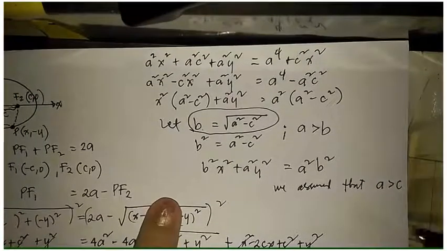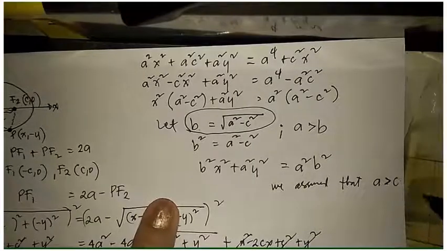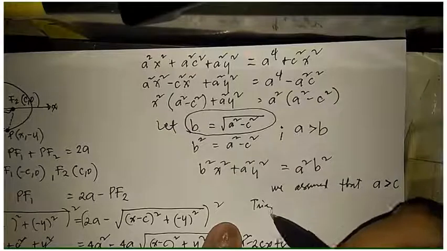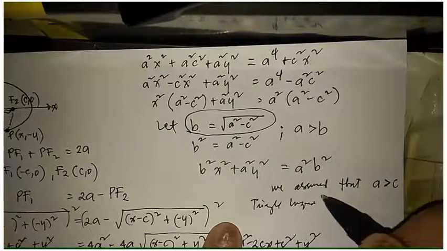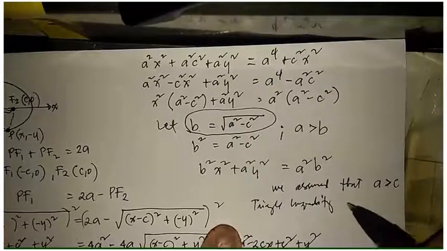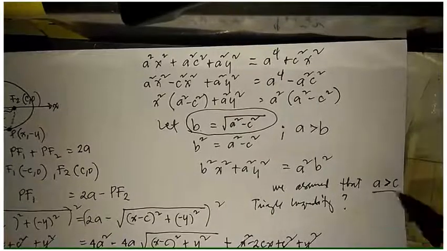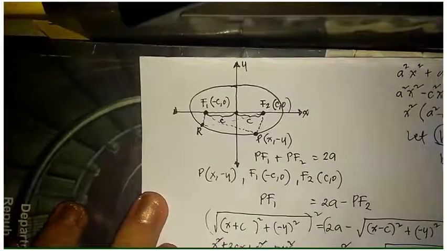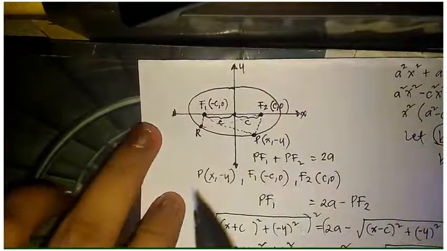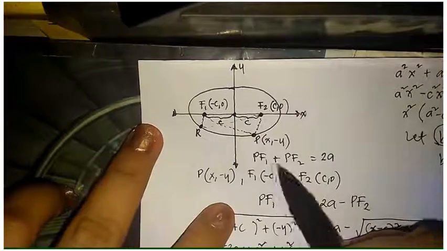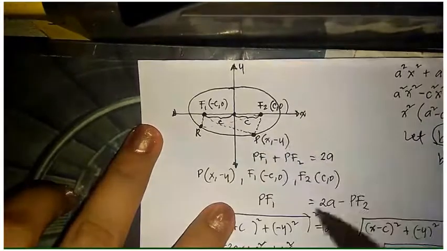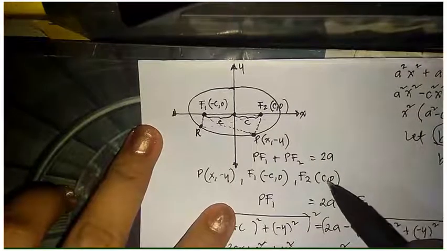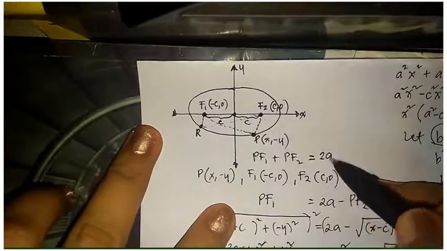And if we're going to just focus on a being greater than c, this is actually true through the triangle inequality. How can it be true that a is greater than c? If we're going to look back to our illustration, P to F sub 1, the segment, plus the segment is equal to 2a.